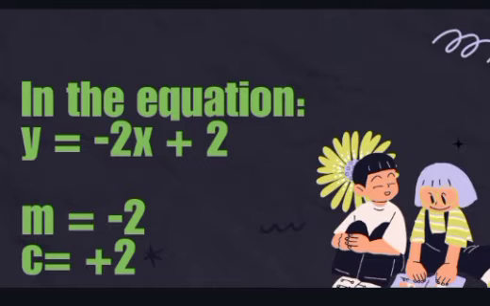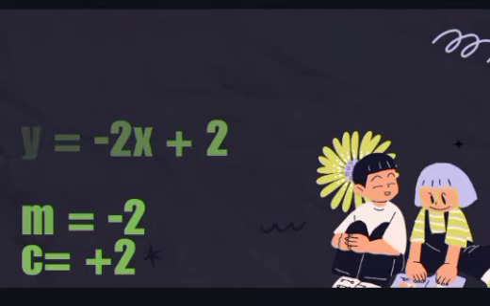So m is equal to minus 2. And 2, that is plus 2, occupies the value of c in this equation. So c is equal to plus 2. And remember we said that m and c are both constants, while y and x are variables. So we are going to use this equation to find values of y.